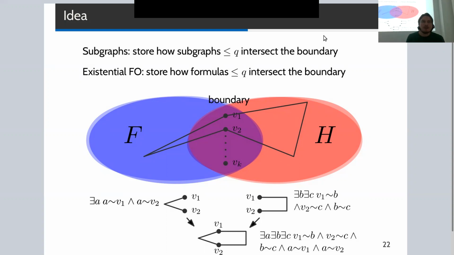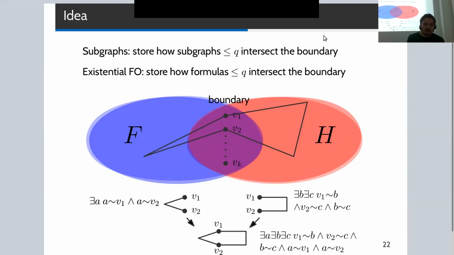And we can again store how formulas of length at most Q intersect the boundary. But this is very informal right now, so we don't really know what it means for a formula to intersect the boundary. What I mean by that is that the formula can talk about the vertices that are in the boundary and talk about them specifically.